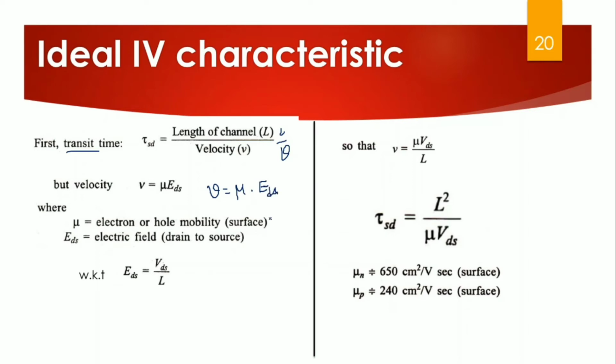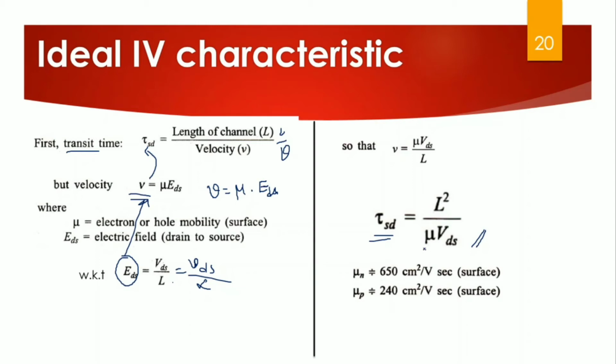Now, the electric field is nothing but the voltage drop from source to drain divided by the separation length, that is L. Therefore, V is equal to mu times VDS divided by L. I am just substituting the value of the field in the V equation. Now, if I substitute V in the tau equation, we get tau SD is equal to L squared divided by mu times VDS.